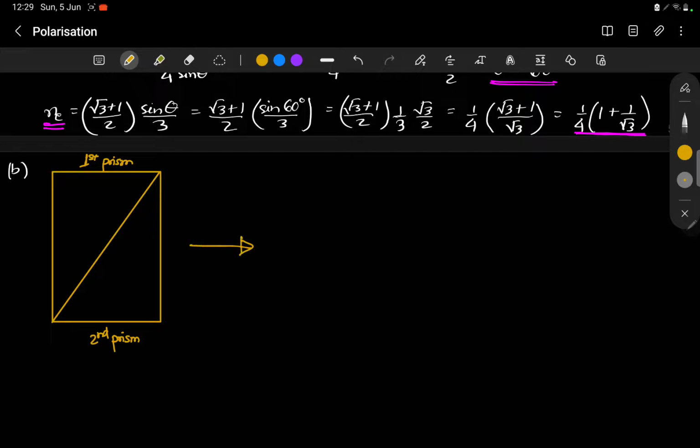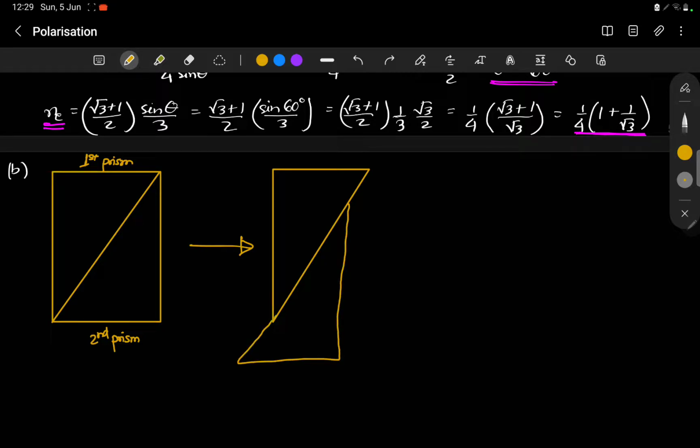So when it starts sliding, we get the following situation. It would slide down and come to a position like this.